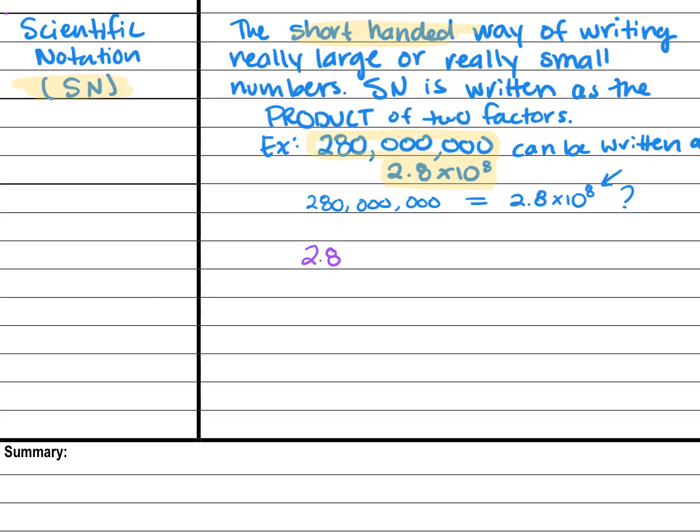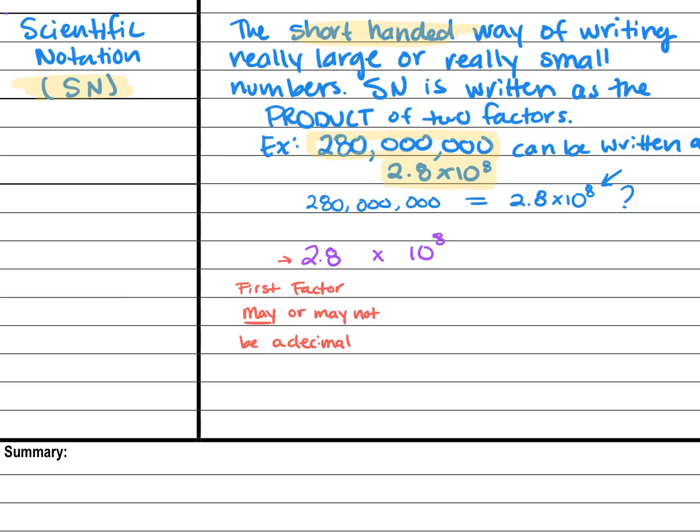2.8 times 10 to the 8th. Okay, right here, this is our first factor. Your first factor may or may not be a decimal.